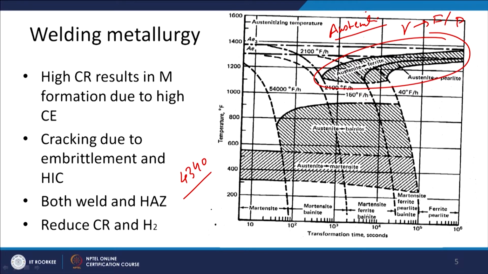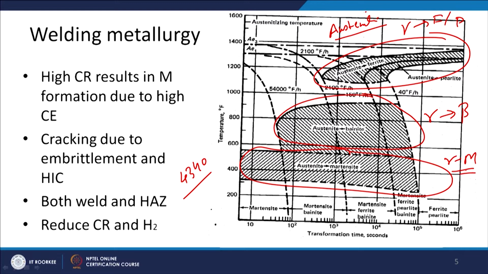There is another zone, where as per the cooling rate being imposed, the transformation of austenite into the bainite is shown, and the third zone is where transformation of austenite into the martensite is exhibited.